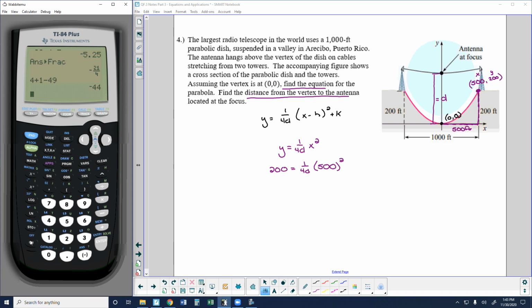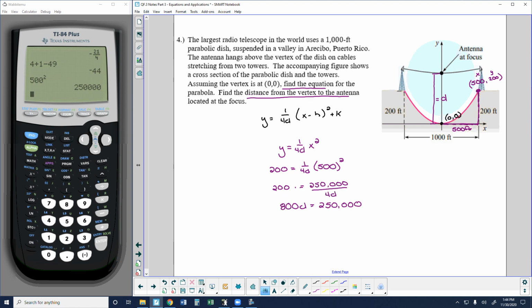If I square 500 to simplify this equation, this would be 200 equal to 250,000 over 4d, and now I can solve for d. I can multiply by 4d here. So this would give me 800d, not 8,000, it should be 800, equal to 250,000.